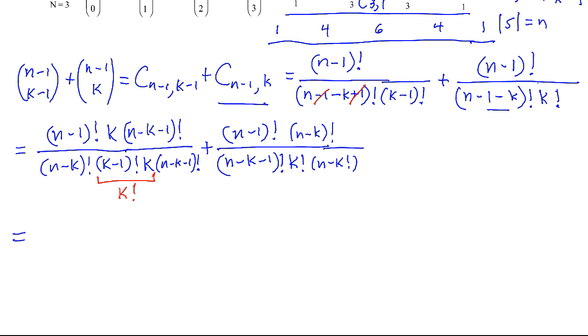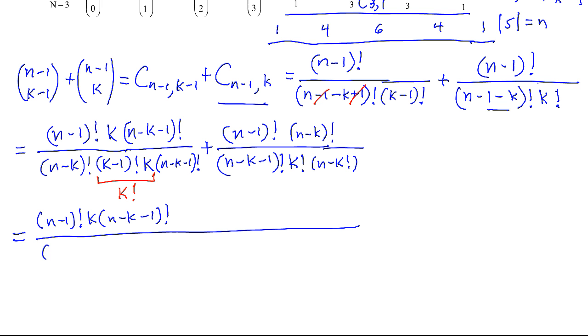I won't look at my previous. (n-1) factorial times k times (n-k-1) factorial all over (n-k) factorial and (n-k-1) factorial. Okay, this is now the common denominator, and now I'm going to add to that the numerator over here, which is (n-1) factorial, (n-k) factorial.